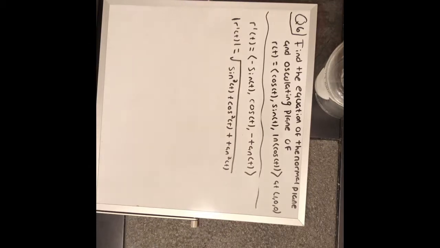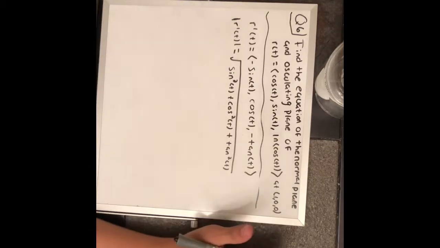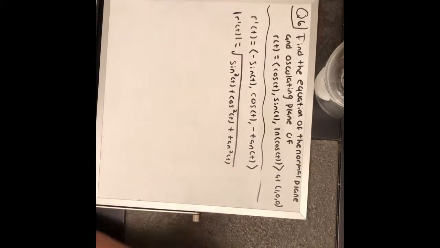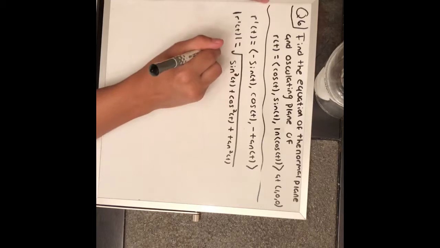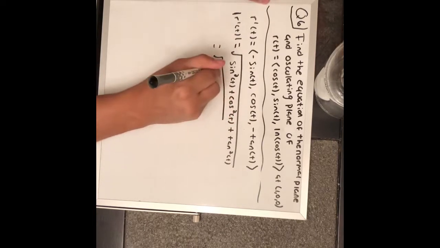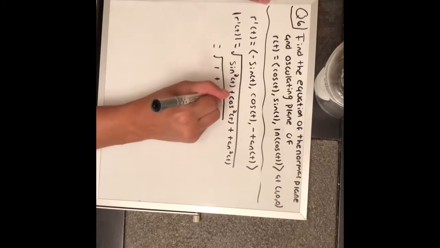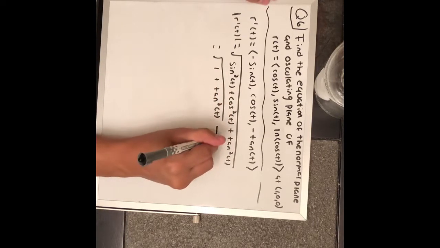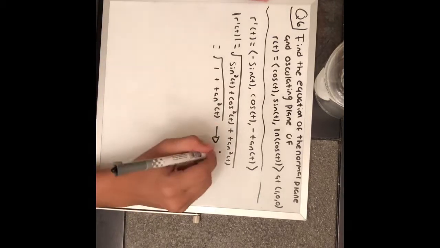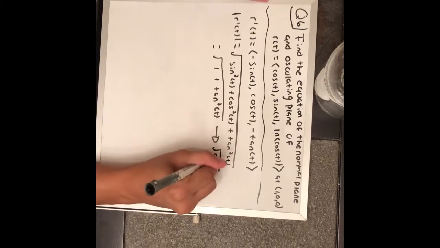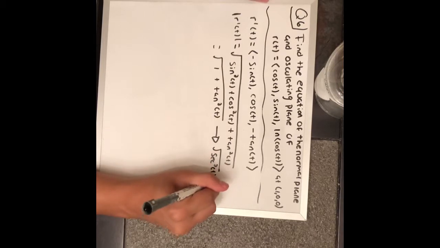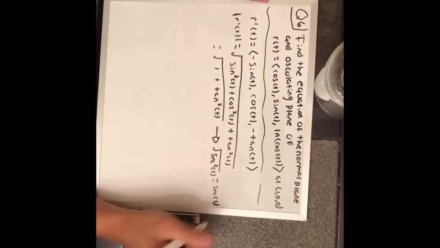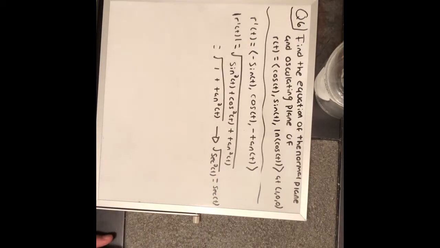Through a trigonometric identity, we know that sine squared plus cosine squared is equal to 1. So we can rewrite this as 1 plus tangent squared of t, which through another trigonometric identity is equal to secant squared t, and the square root of secant squared would just be secant. So that is our magnitude of r prime.